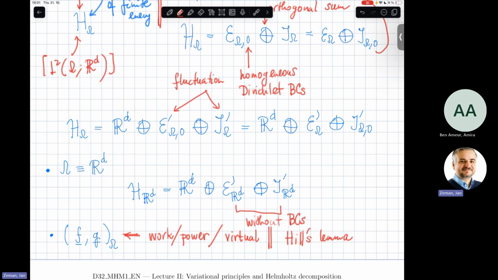So what I'm saying is that if in the literature you will see something which is called Hill's lemma, you can understand it equally well by saying that in the sense of work, and for instance, elasticity, when this is primarily used, strain fields, which are physically accessible, are orthogonal to divergence-free stress fields, so self-equilibrated.